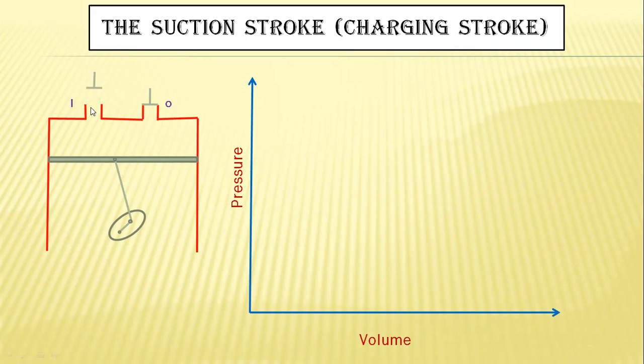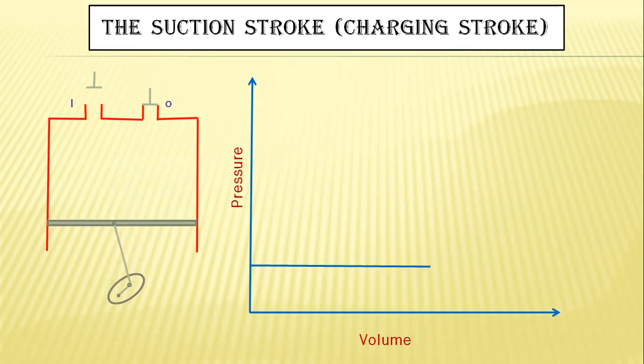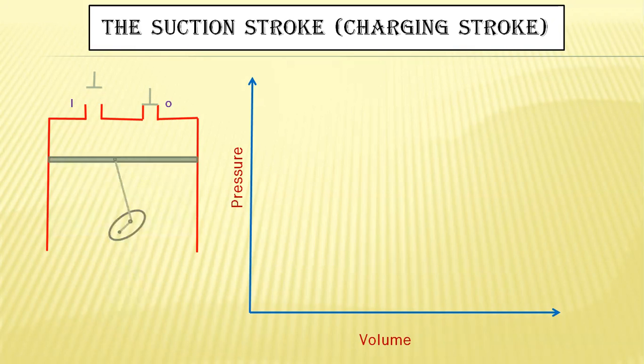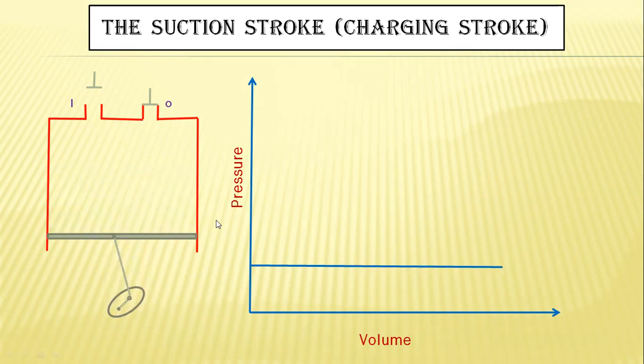Here, initially the inlet valve opens and the piston moves in the forward direction. Therefore, the piston moves forward at atmospheric pressure and room temperature. The pressure remains the same.